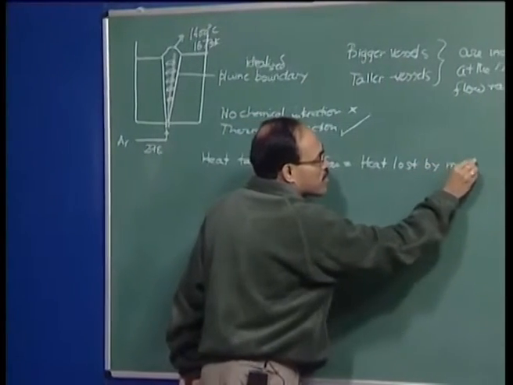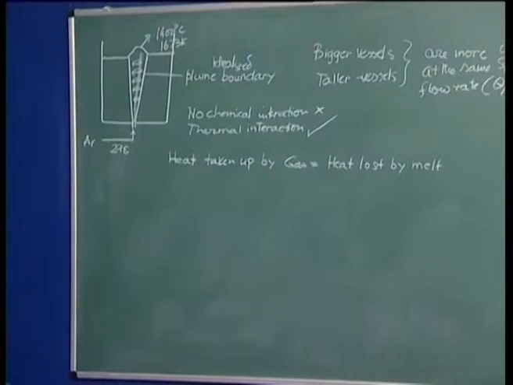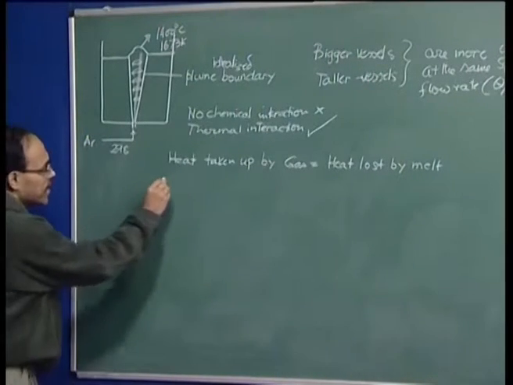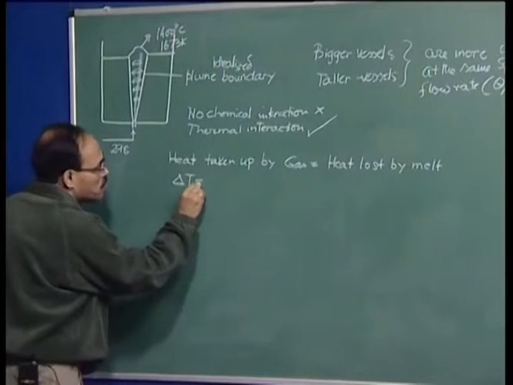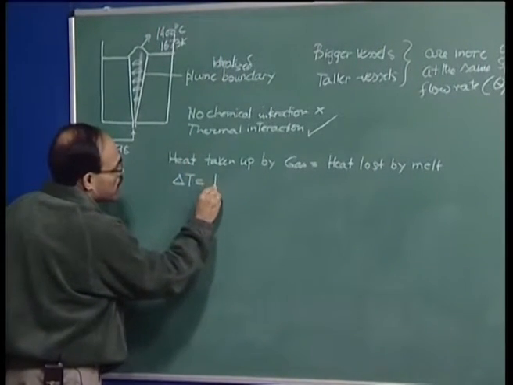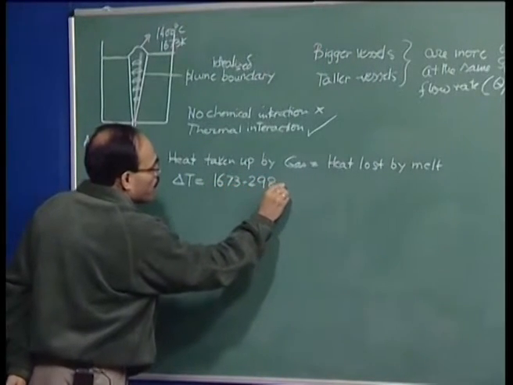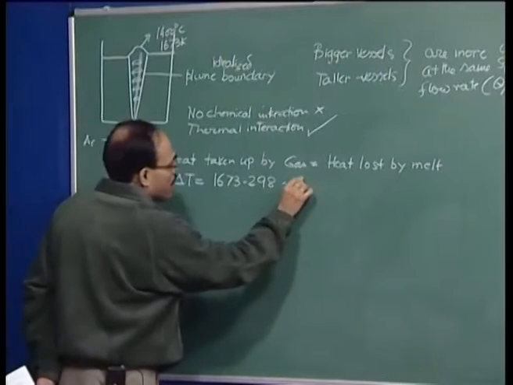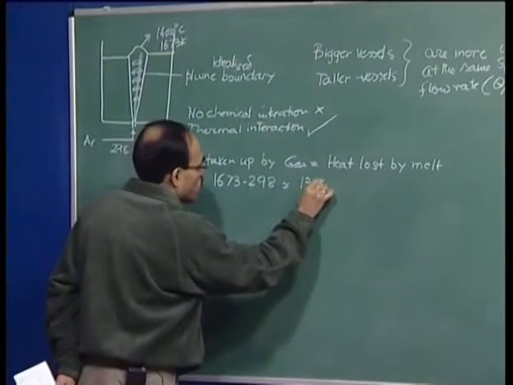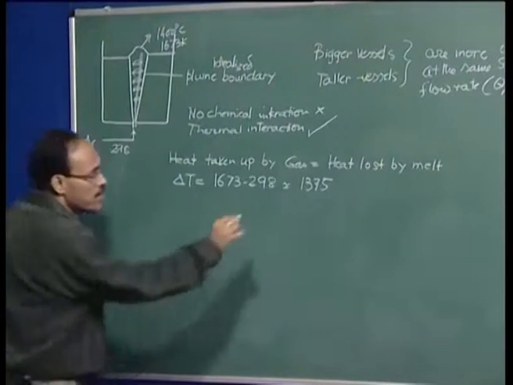This is a thermal balance equation under steady state condition, and if I now take delta T, say I have injected it, so it is about 1673 minus 298, so roughly about 1375 Kelvin.